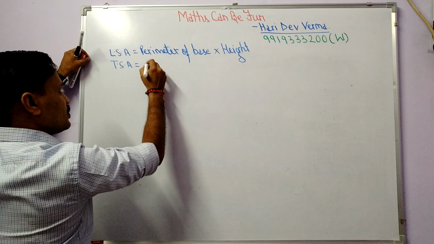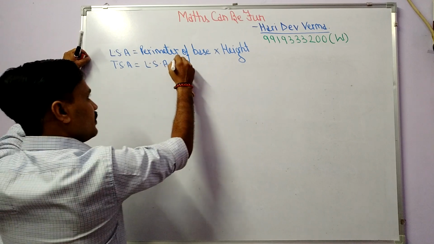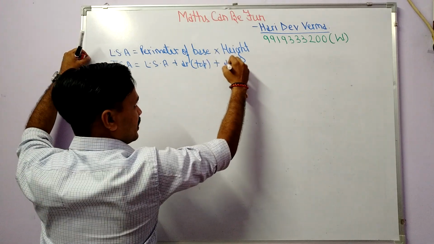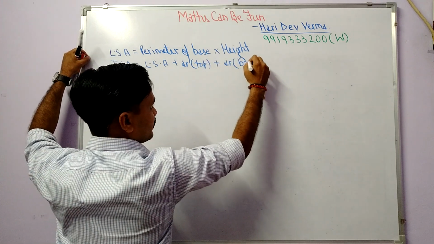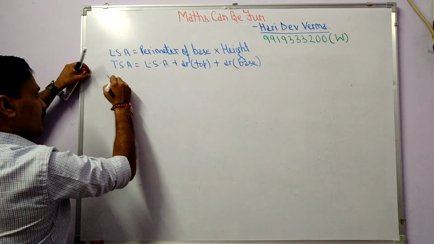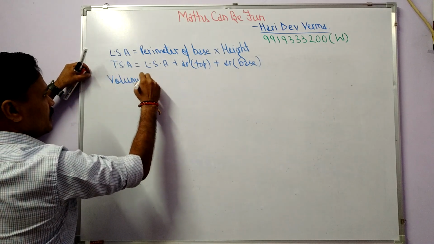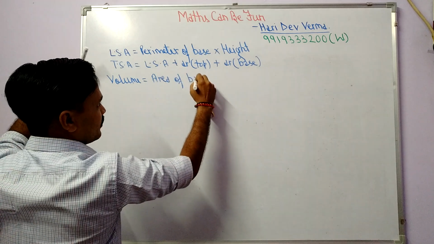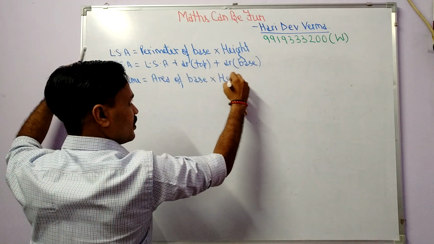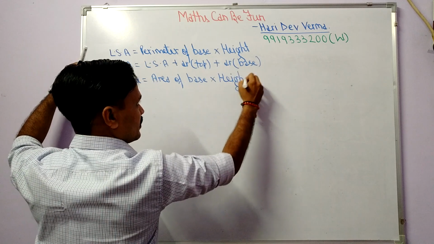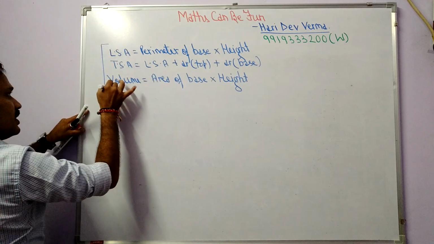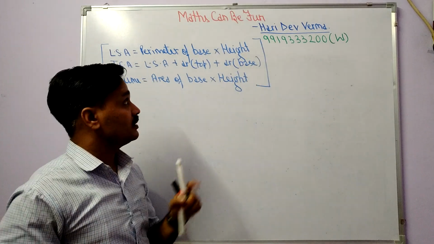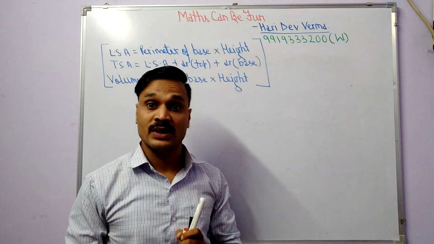Total surface area is equal to lateral surface area plus area of top plus area of base, and volume is equal to area of base into height. This concept I discussed in my previous part 1 video of the basic concepts of surface area and volume.